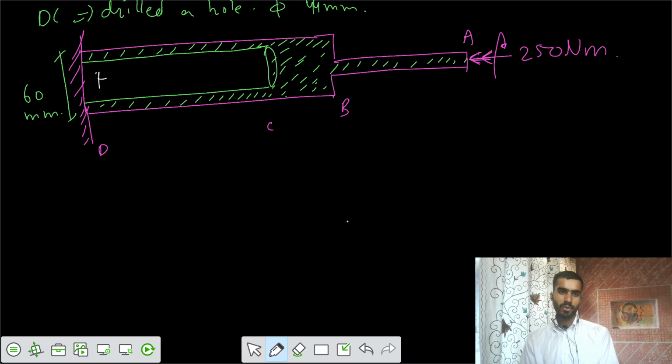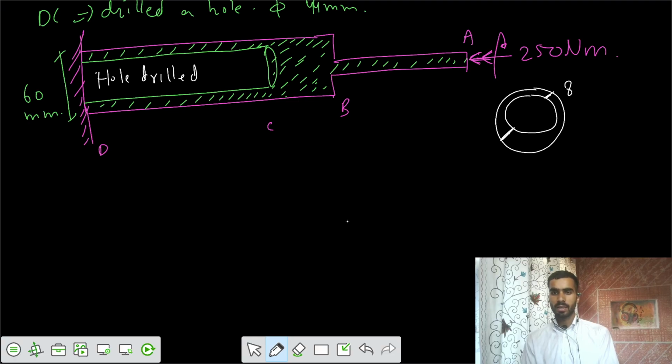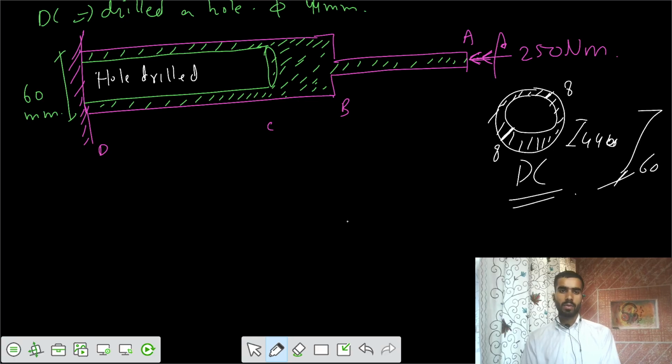That means this DC part would look like a hollow section of thickness equal to 8. This is also 8, and the hole is equal to 44, such that the total value of 60 is there. So this part is your hollow section, this is your DC.